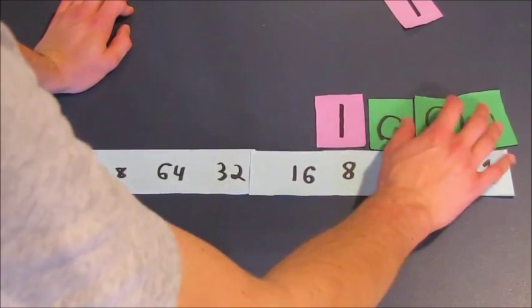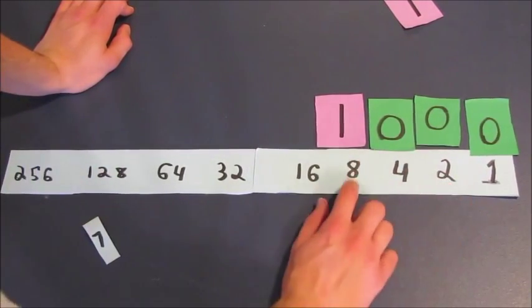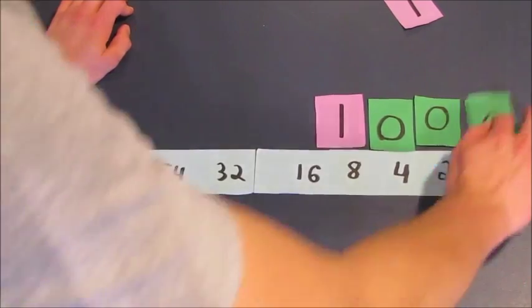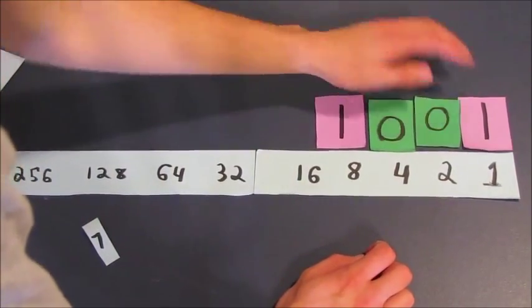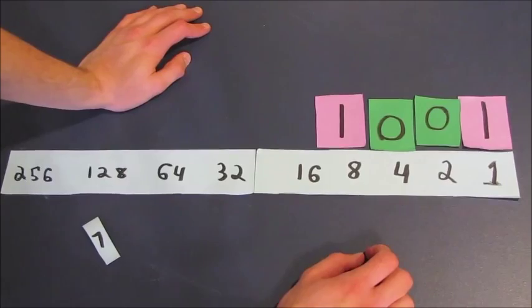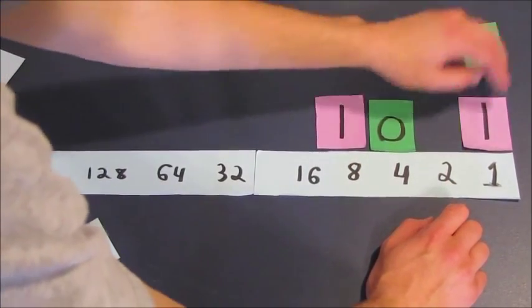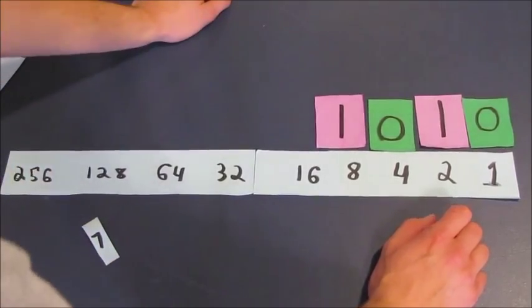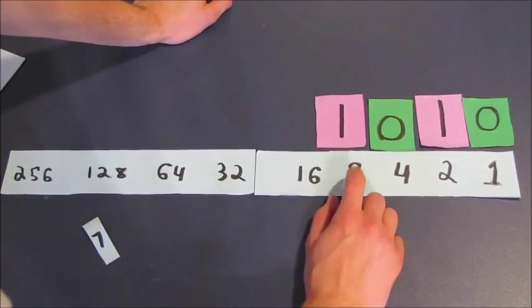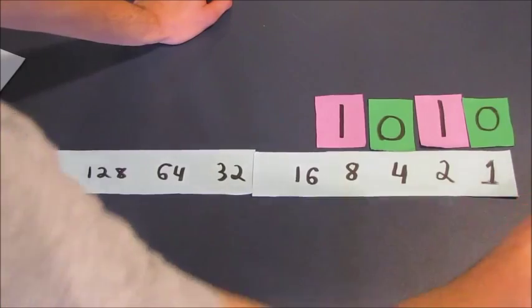So if we were to go to 9, all we need is an 8 and a 1. If we were to go to 10, all we would need is an 8 and a 2. If we were to go to 11, we would need 8, 9, 10, 11.